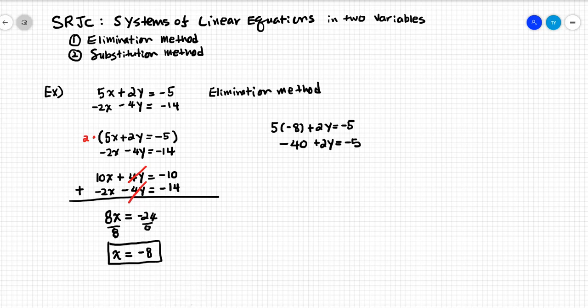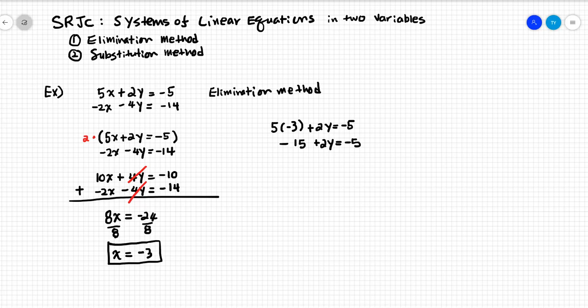So that should be 8, and this x value becomes negative 3. Sorry about that. So here, instead of 8, we're going to have to plug in negative 3. Go back here, and that should give us minus 15.